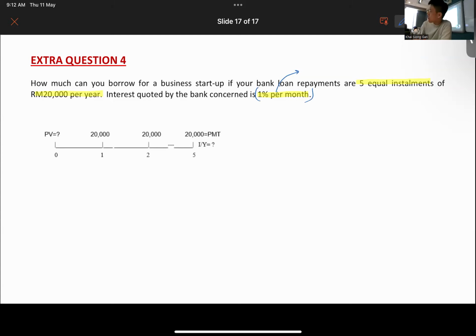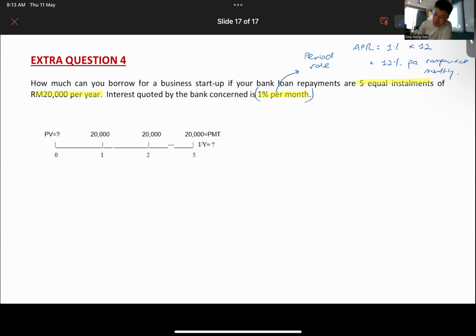Again, this 1% per month is your period rate. Please follow, because this question has a lot of steps. If I want to calculate APR, I use 1% times 12, which equals 12% per annum compounded monthly.